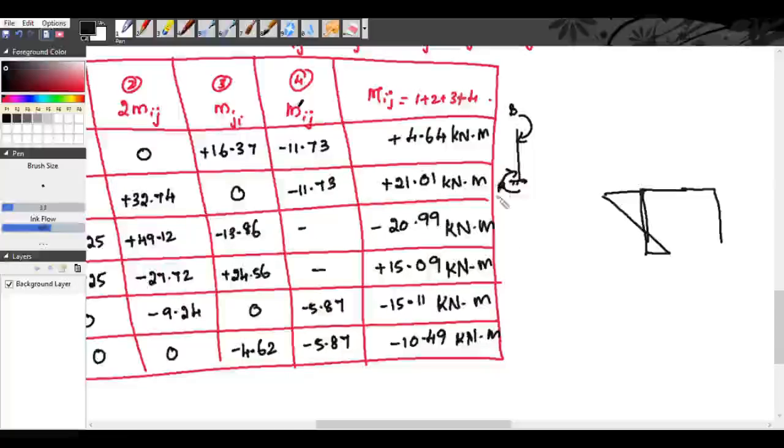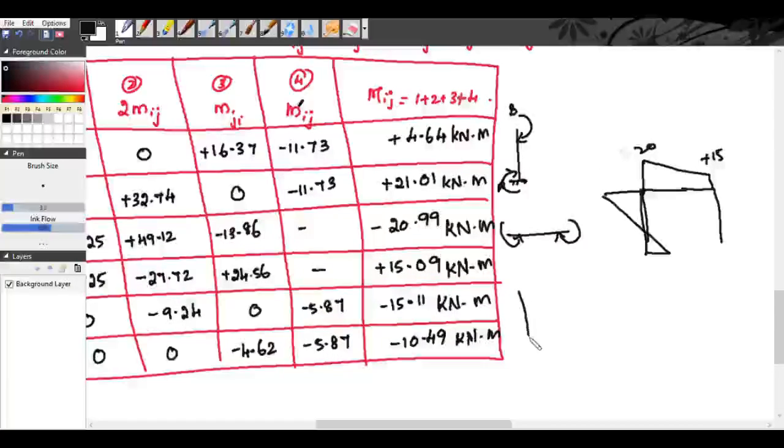For BC, it's anti-clockwise, minus 20, and clockwise, plus 15, pointing upwards. Sign is not needed here because we are drawing the bending moment diagram upwards.